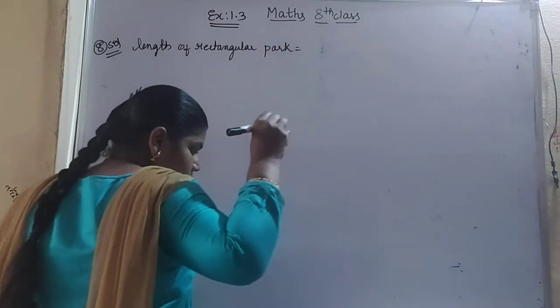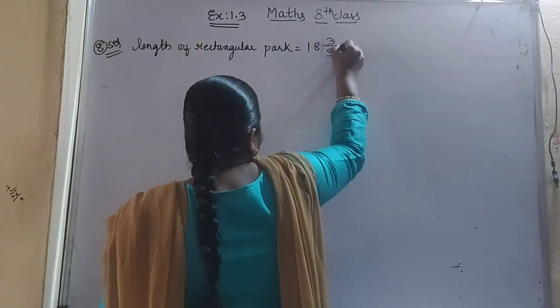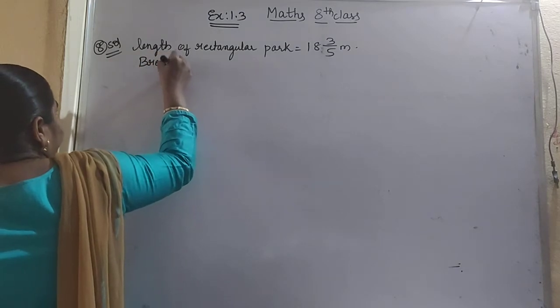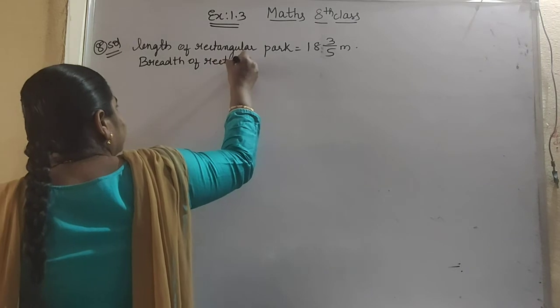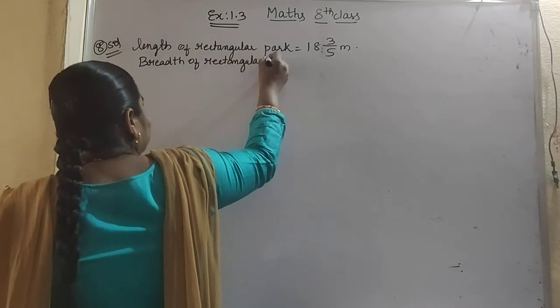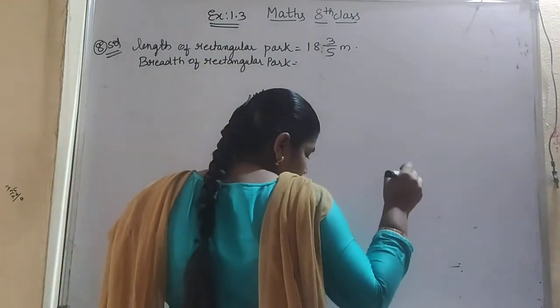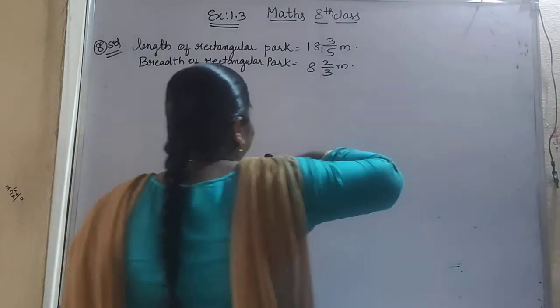So here the given length of the rectangle is 18 3/5 meters, and the breadth of the rectangular park is 8 2/3 meters.